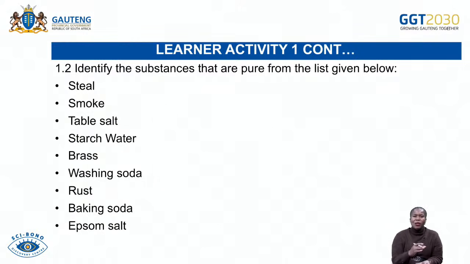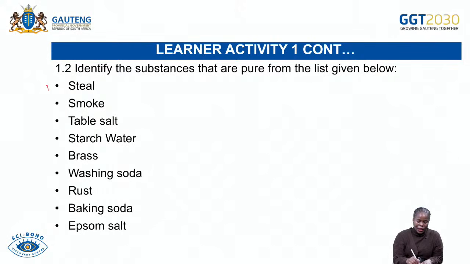But the smoke cannot be pure, because in the smoke there are so many gases. So it's not pure because it's made of a combination. Like right now, there's carbon dioxide, there's exhaust from the car pipes, there is oxygen in the midst of the atmosphere. So smoke cannot be a pure substance.